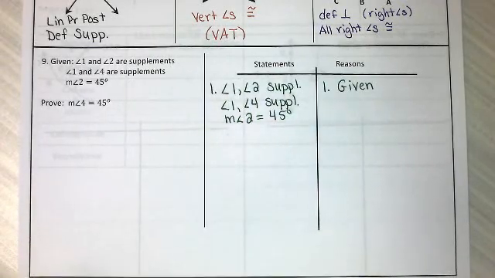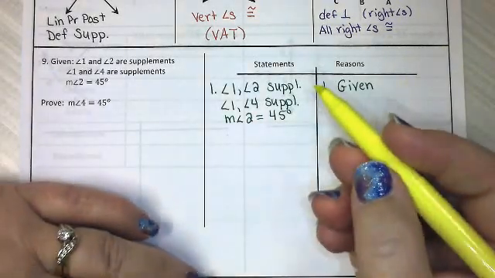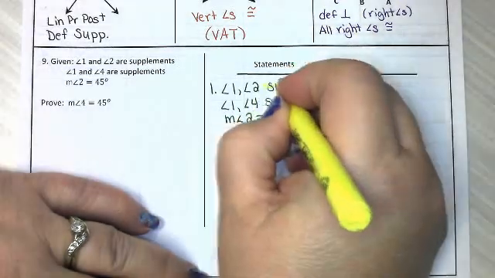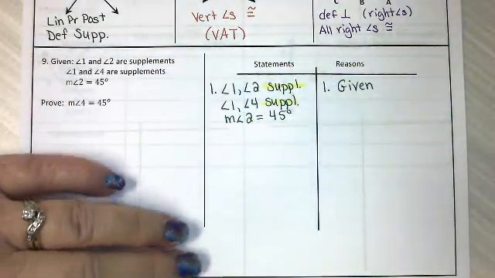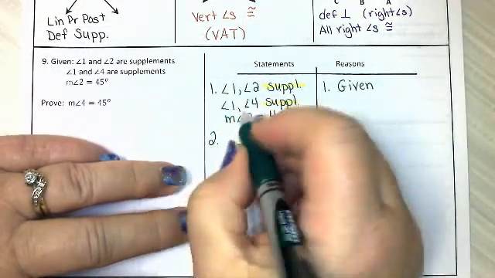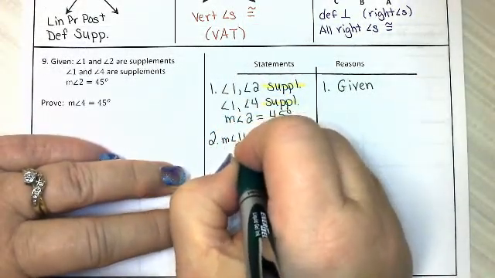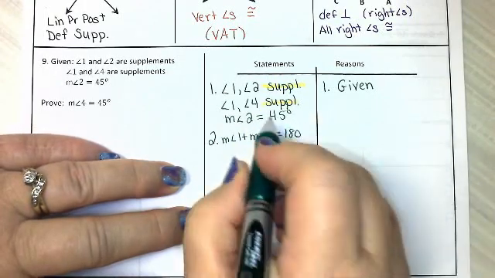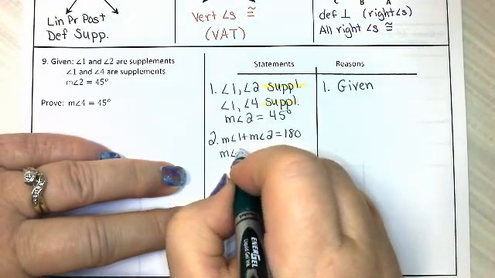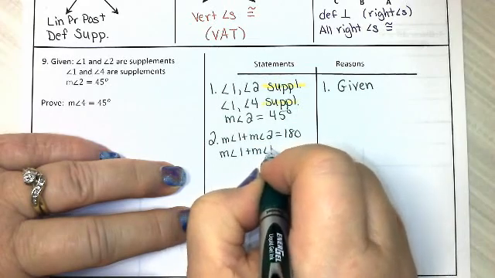Now we've got to start thinking about what we can do with this. Well, the only thing I can think of is this word supplementary. Remember what supplementary meant? Supplementary meant that the measure of angle 1 plus the measure of angle 2 equals 180. And it means the same thing for angle 1 and angle 4.